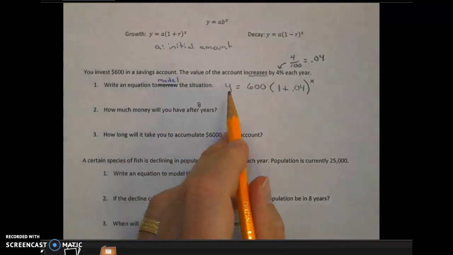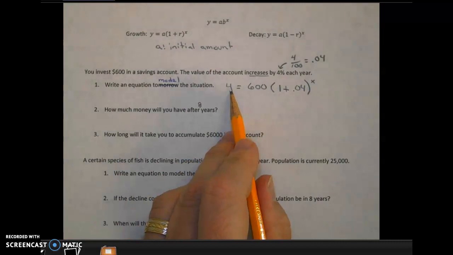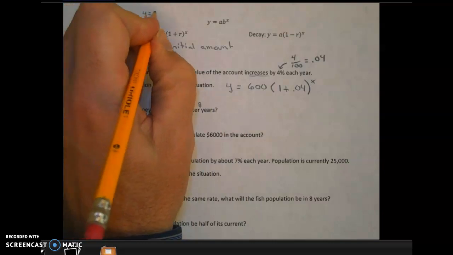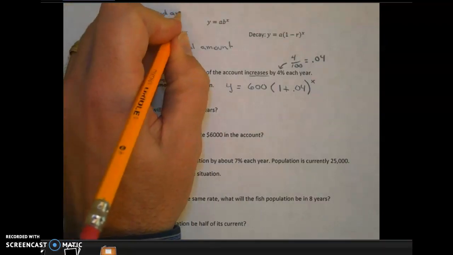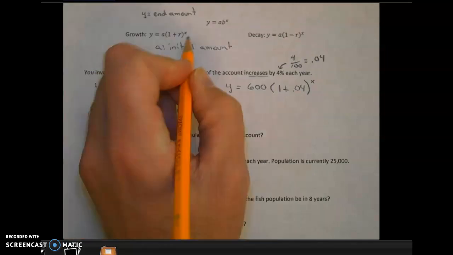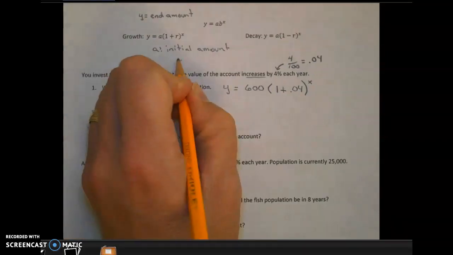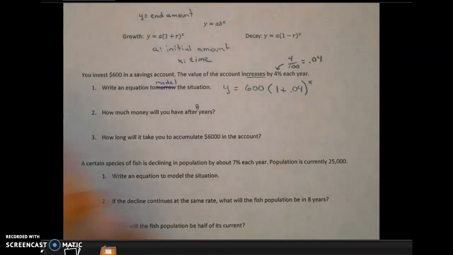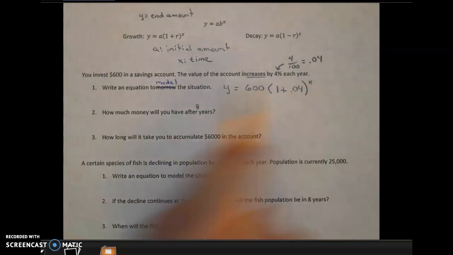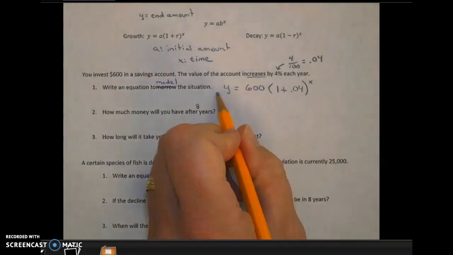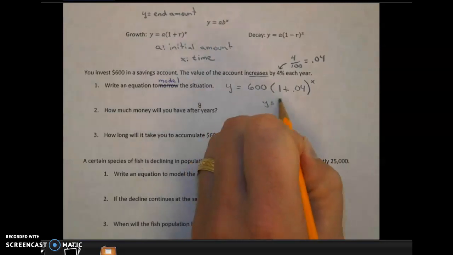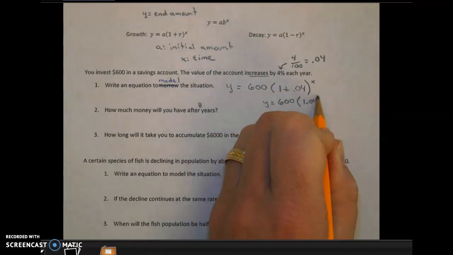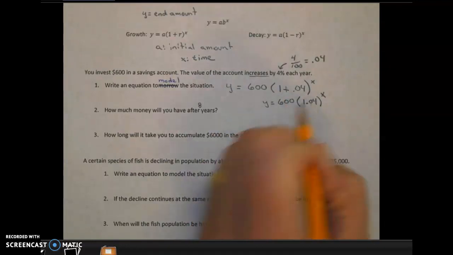So in this case, y is going to represent our ending amount, and x is going to represent time, which in this case is years. So we could simplify this. We'd have a base of 1.04, which is greater than 1, so we have a growth.